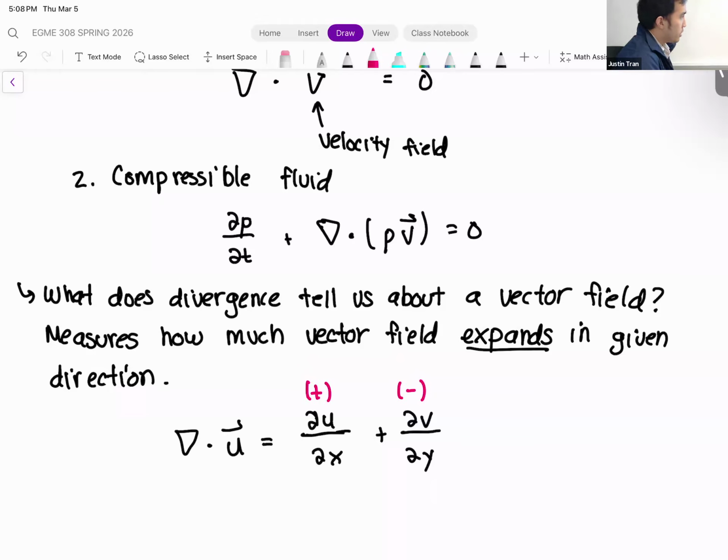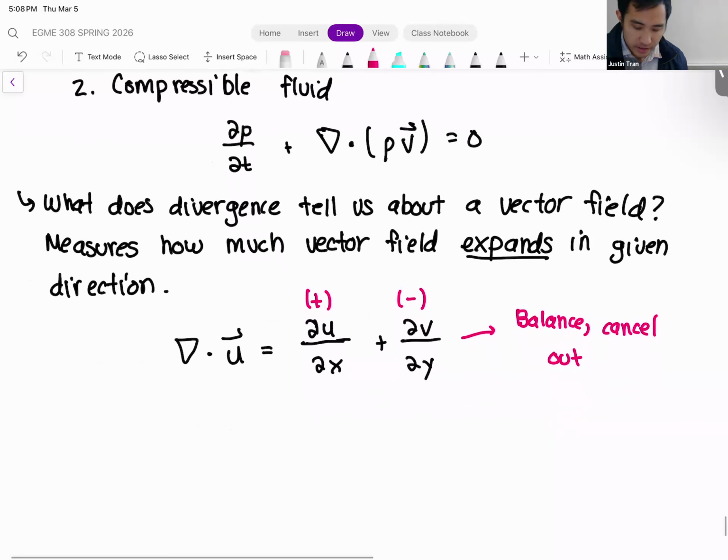If one of these quantities is positive and the other is negative, that implies these two quantities are going to balance each other out. So essentially, one direction of the velocity is speeding up, the other is slowing down.